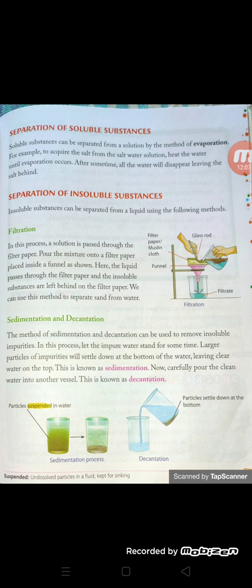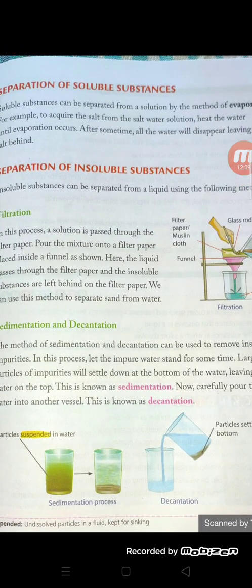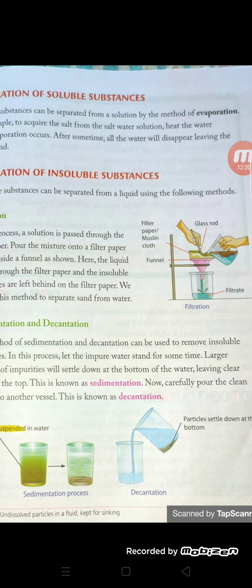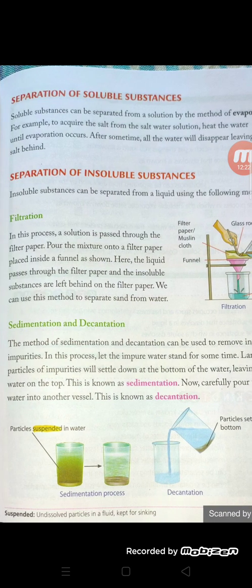The larger particles of impurities will settle down at the bottom of the water, leaving clear water on the top. This process is known as sedimentation.